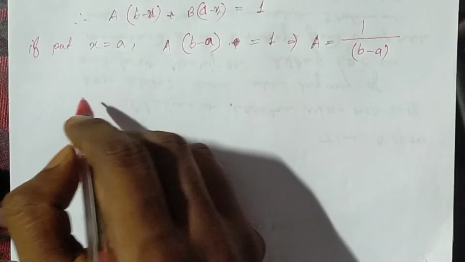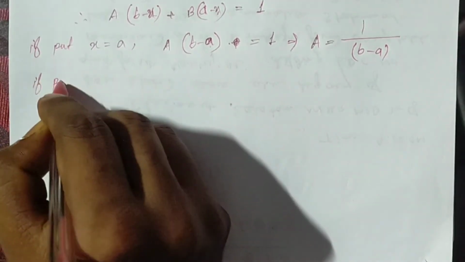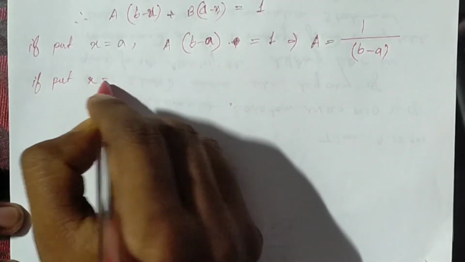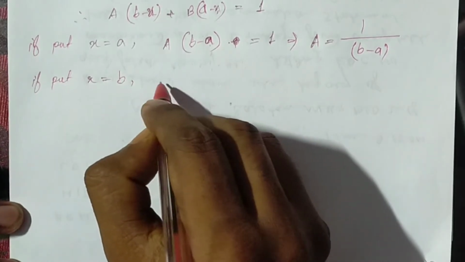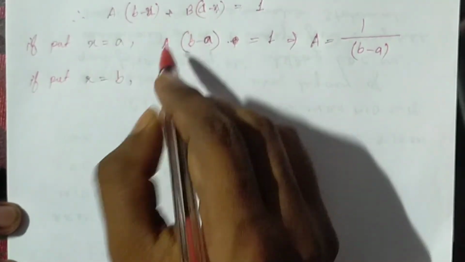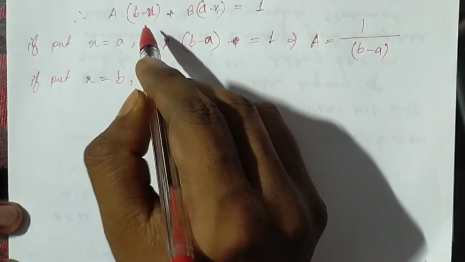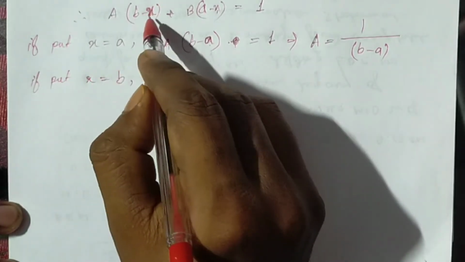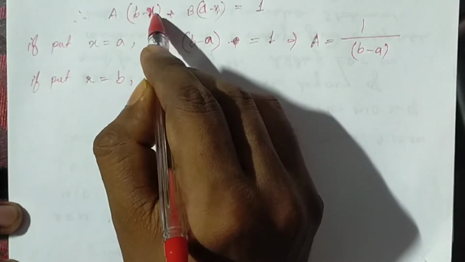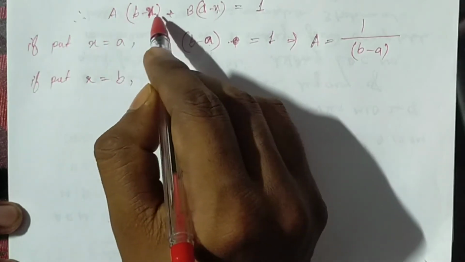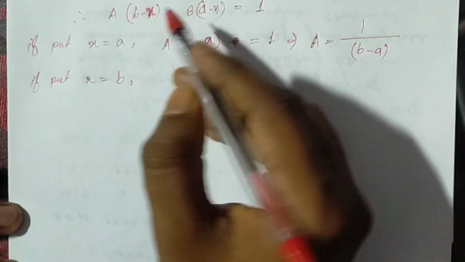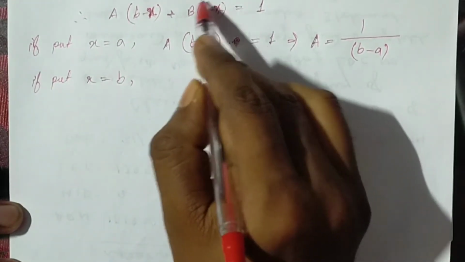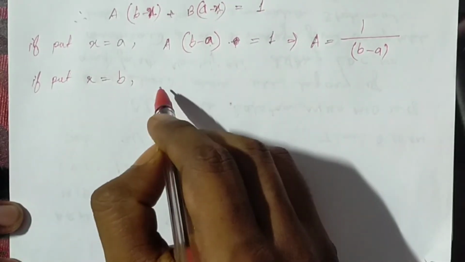Next, if we put x is equal to b, then b minus b will be 0, so this whole part will be 0, so only this part will remain.